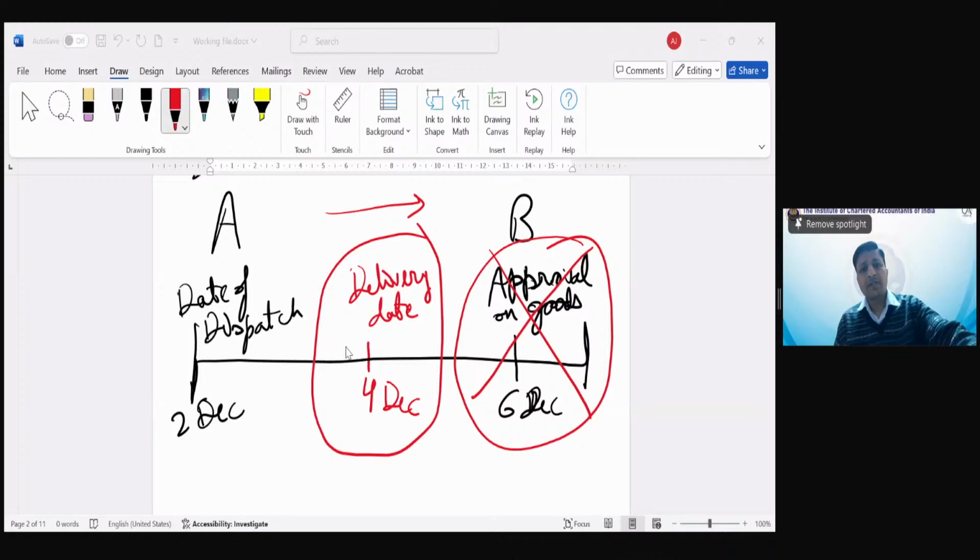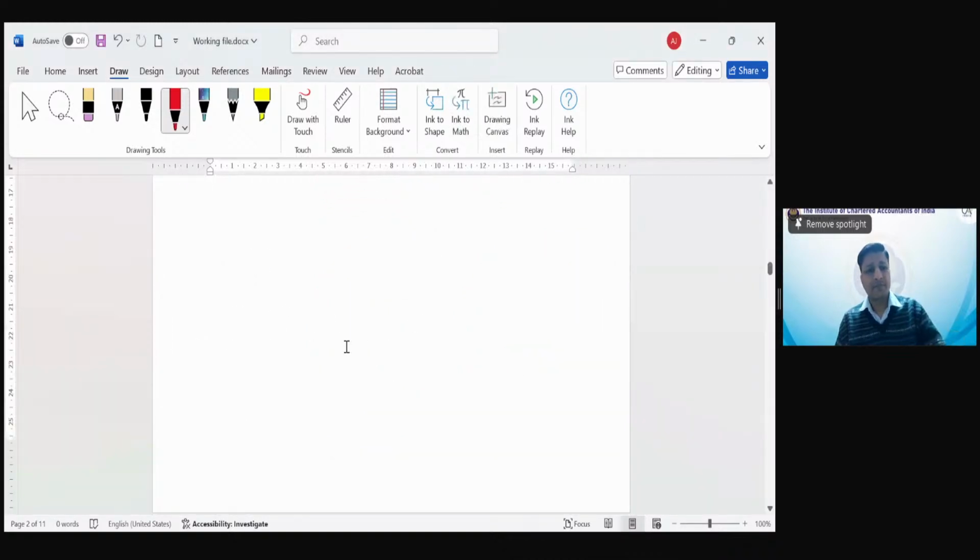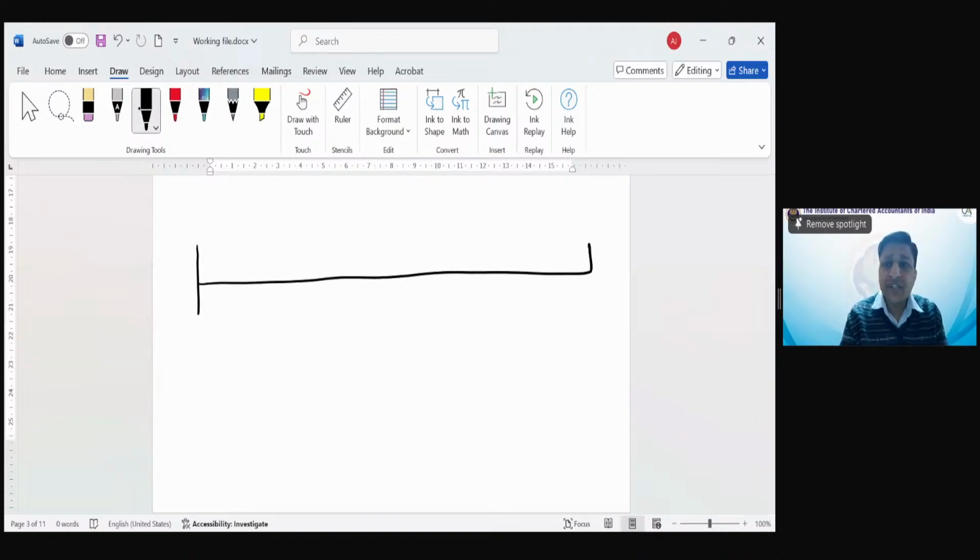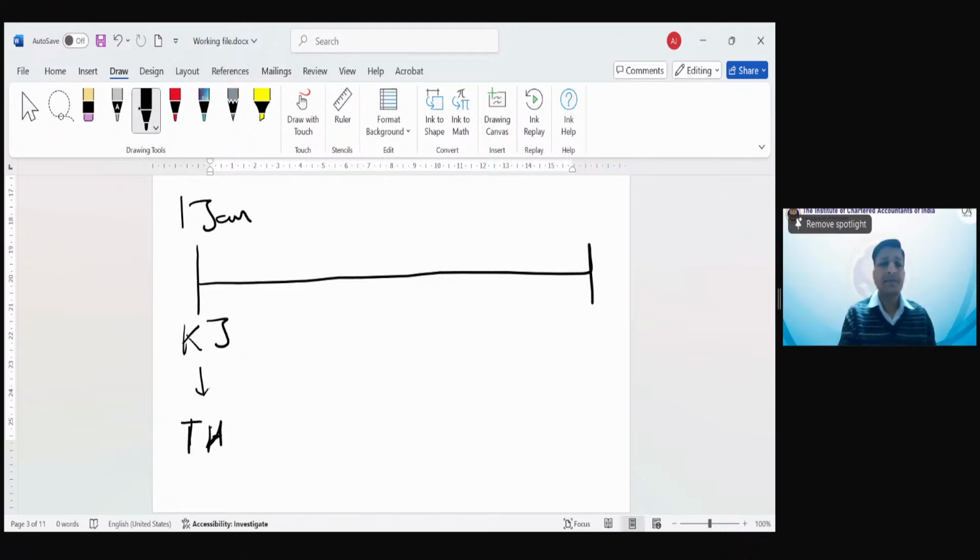It's something like this. On 1st of January, KJ is selling to TH. There's a sale, and it meets the criteria of sale.